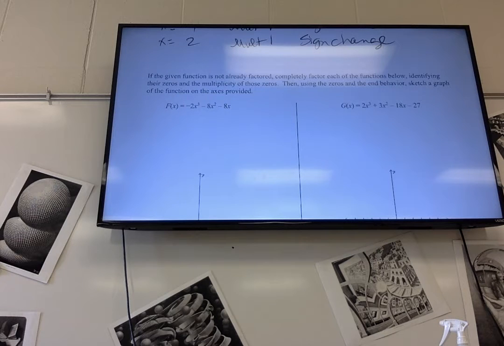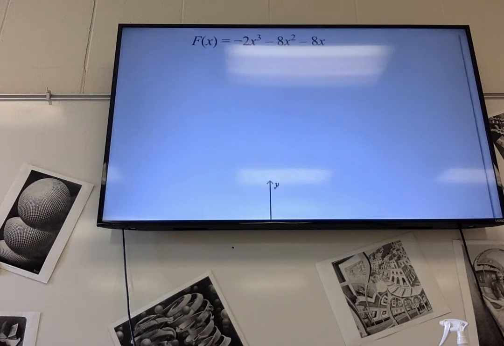Alright, so if the given function is not already factored completely, then factor it. Identify the zeros and the multiplicity. Then, using the zeros and end behavior, sketch a graph of the function on the axes provided. So, obviously, this is not factored. Somebody tell me something I can factor out. -2. Yes.